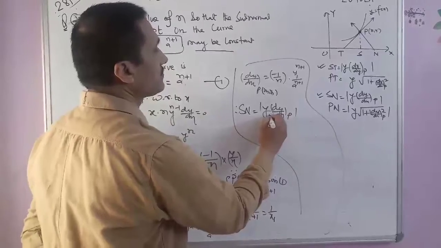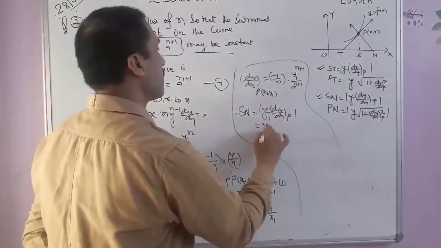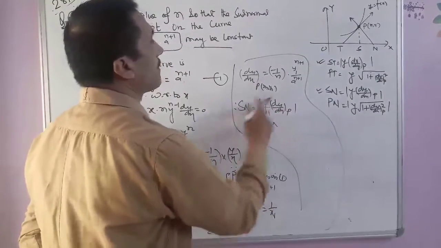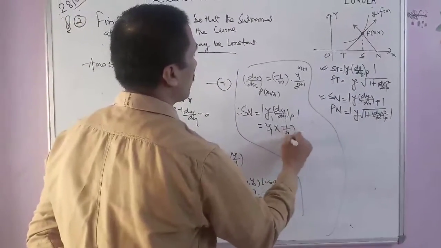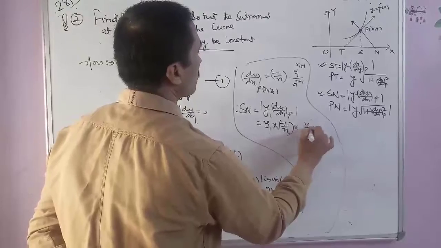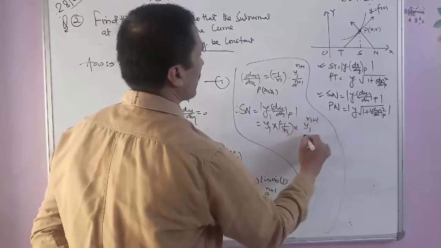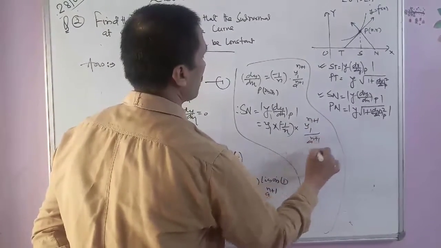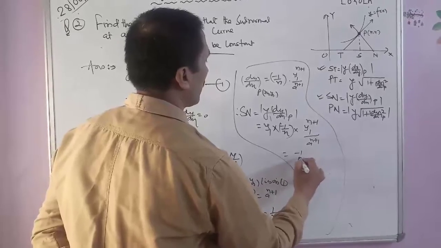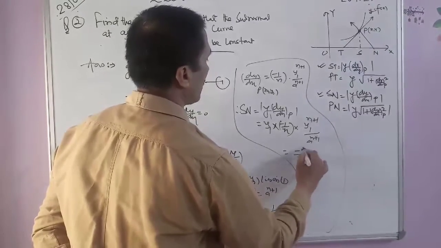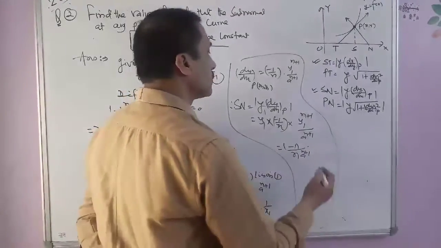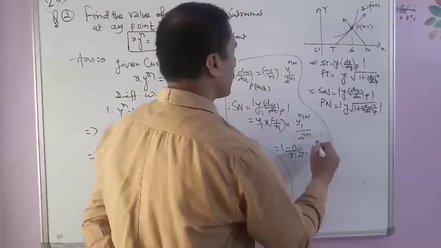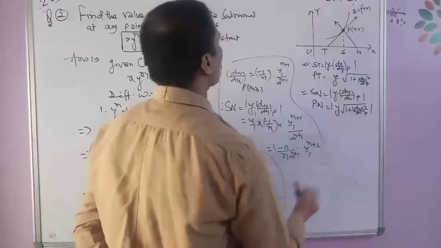Here y is y1, and dy/dx at point P is minus 1/n times y1^(n+1) divided by a^(n+1), so the subnormal is minus 1/(n a^(n+1)) times y1^(n+2).